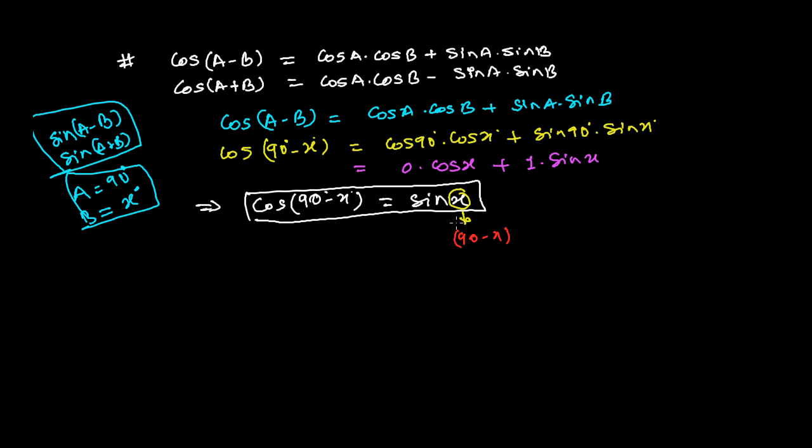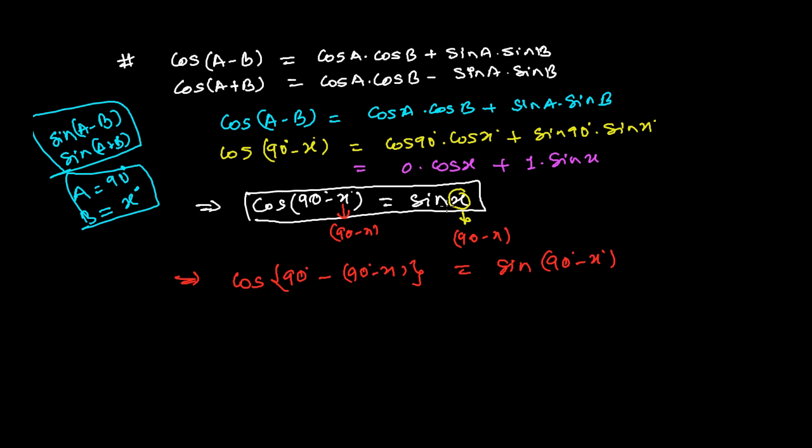If I'm now replacing this x by 90 minus x, then this will also be replaced by 90 minus x. So it will be something like this: cosine of 90 degrees minus (90 degrees minus x) will be equal to sine of 90 degrees minus x.